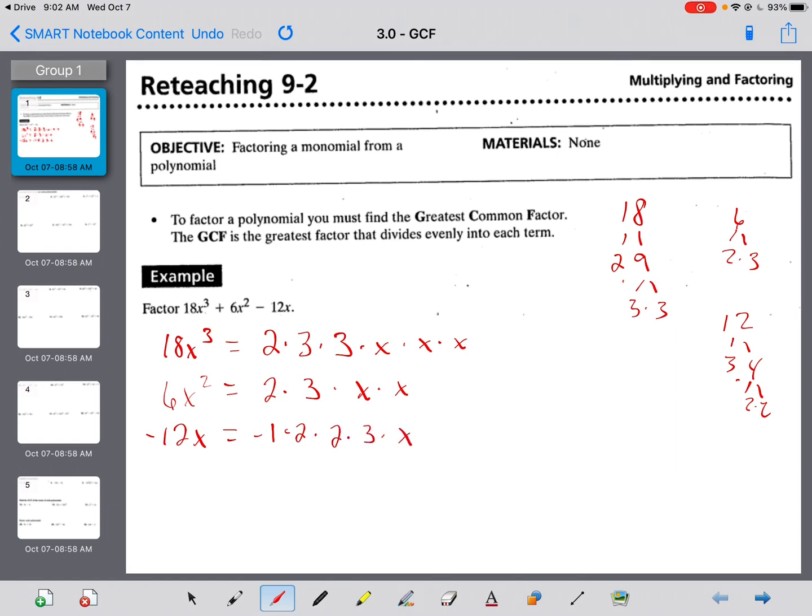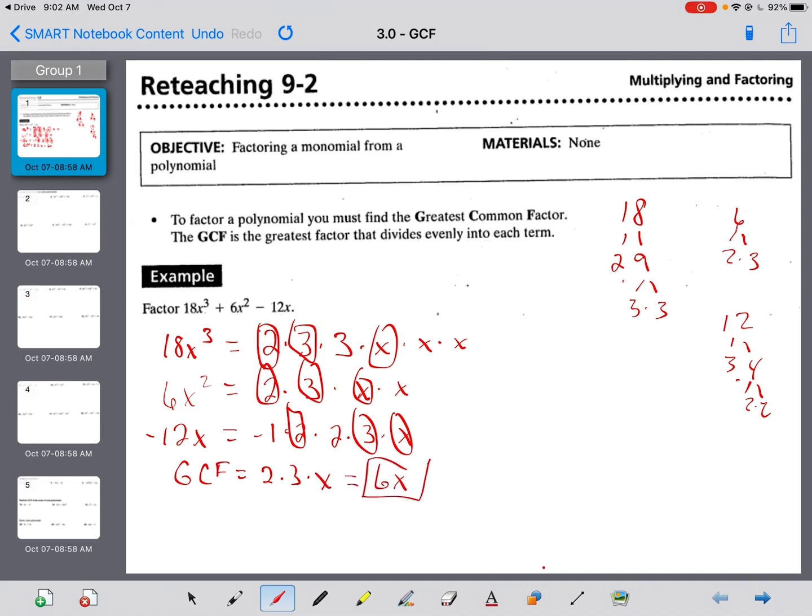Now, if we want to know the GCF, the greatest common factor of all of those, circle the things that they all have something of. Well, they all have a 2, they all have a 3, and they all have an x. So 2 times 3 times x is 6x. That's the greatest common factor that they have.